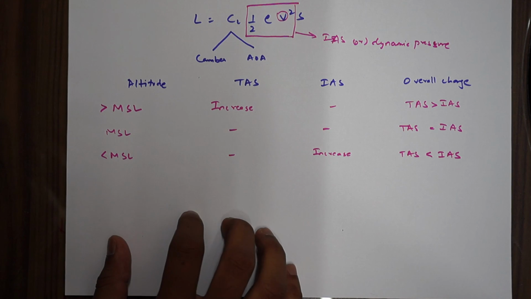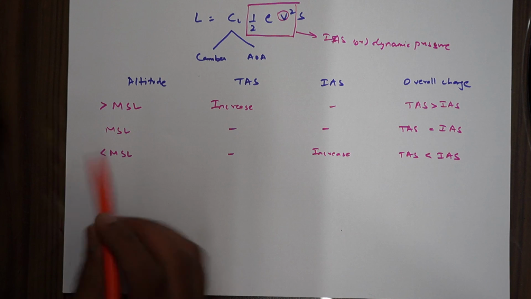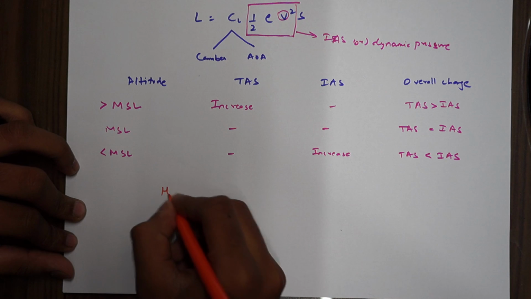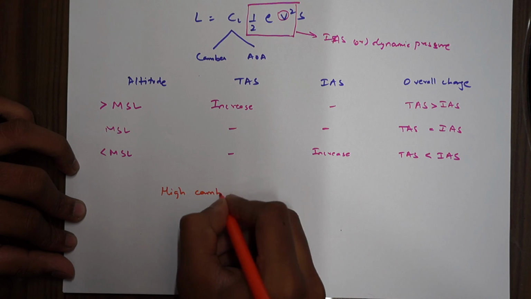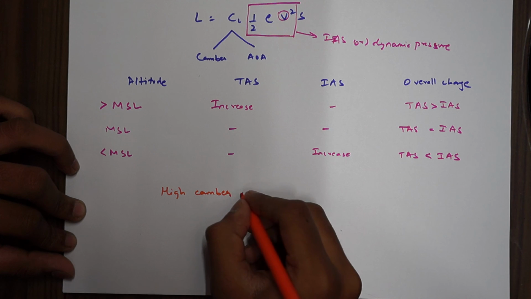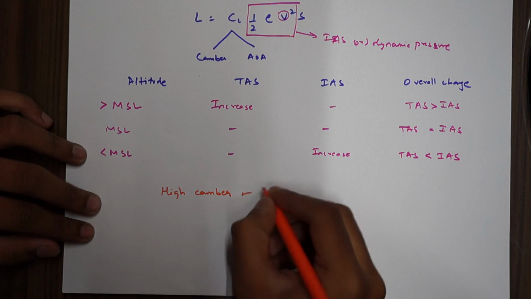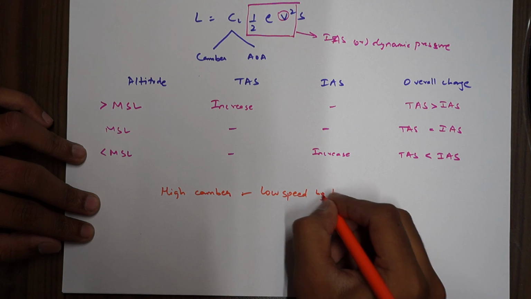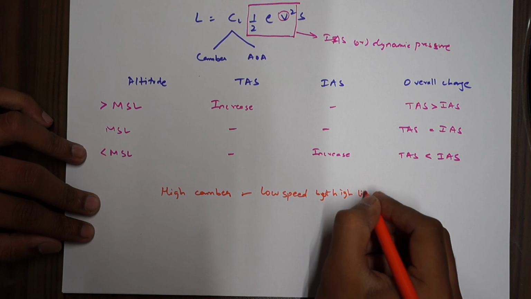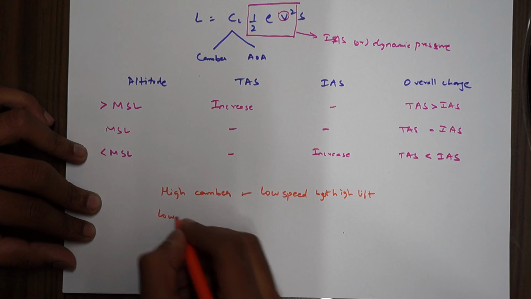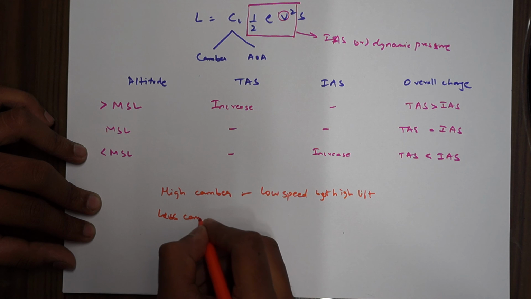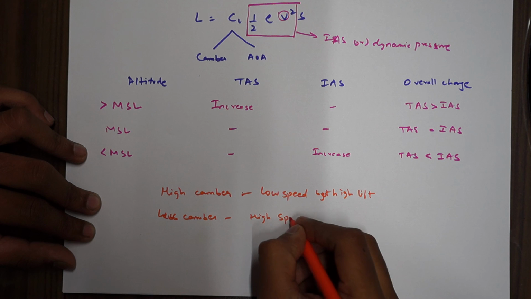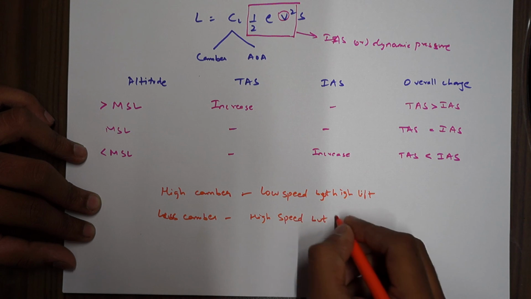Okay, so now basics, we'll start from, suppose if you have a high camber you'll get low speed but high lift. And if you have less camber, you will get high speed. That is what high speed aircrafts have, high speed but low lift.